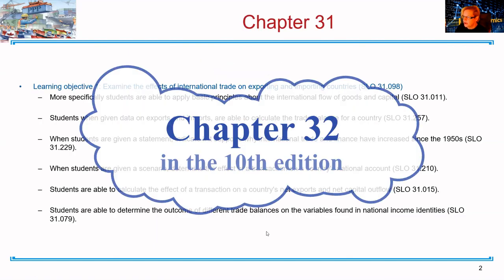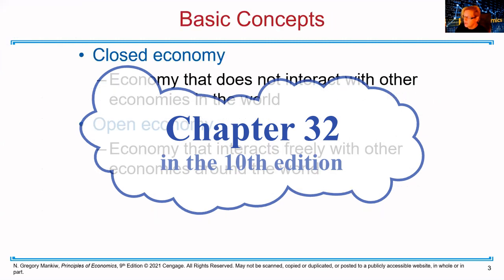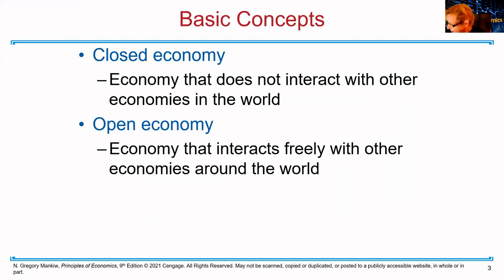Okay, so lots of learning objectives that we're going to look at here. Some of them we will accomplish here in this objective. Remember back in chapter, I believe, 25, we closed the economy.